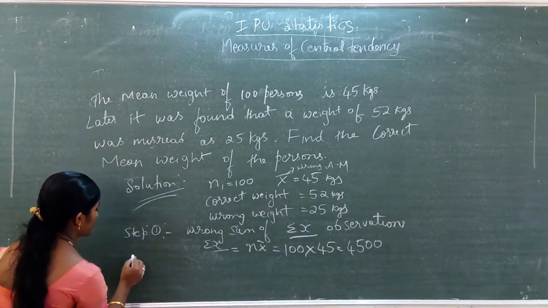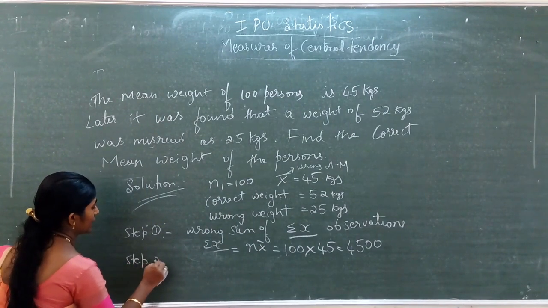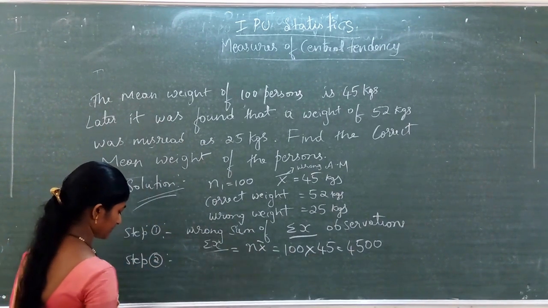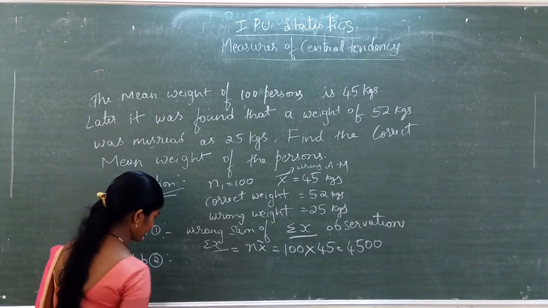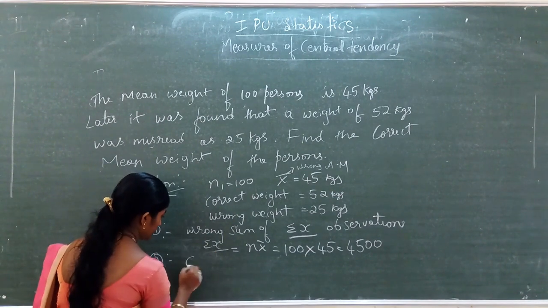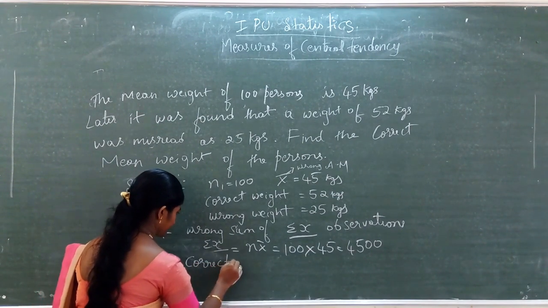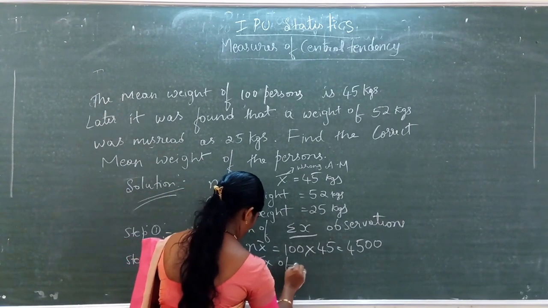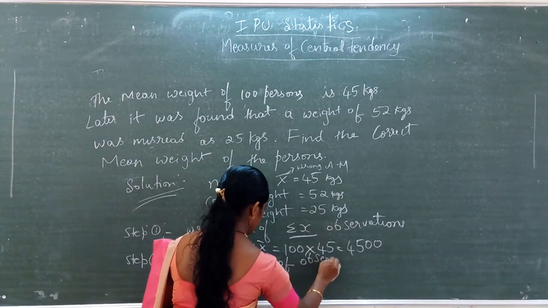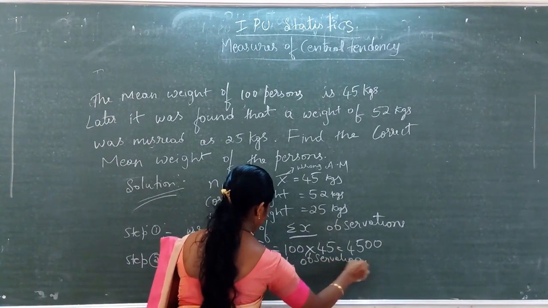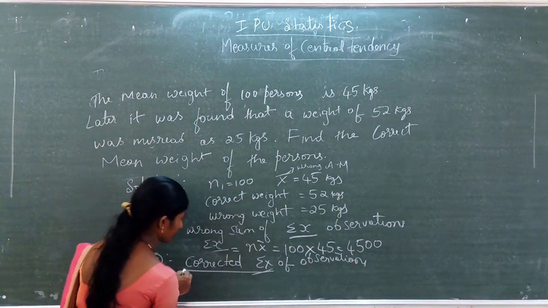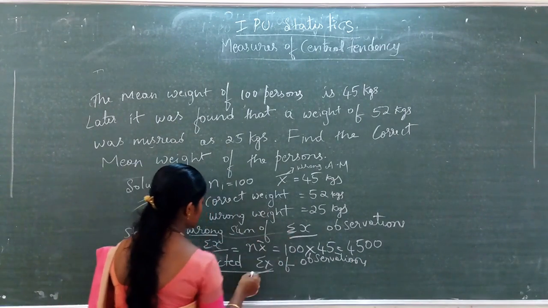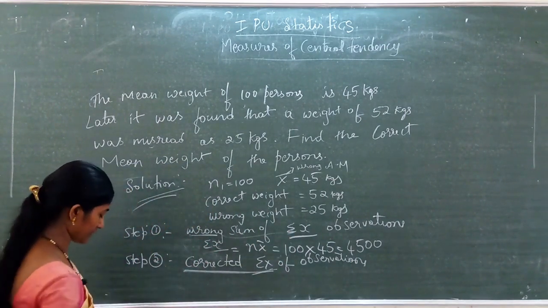Next, second step: the corrected summation x of observations. Here wrong observations, here correct observations.